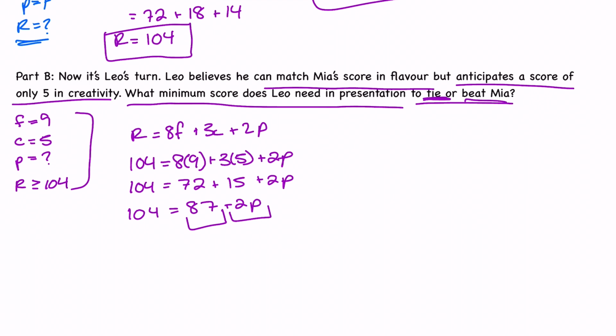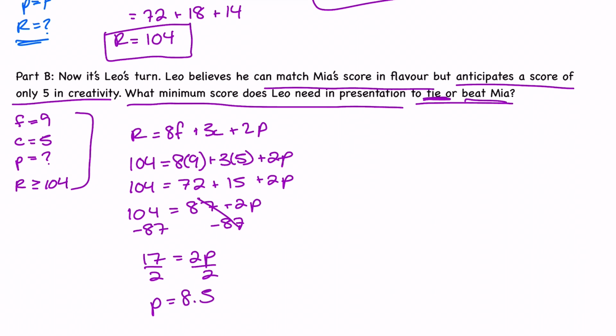To get rid of a positive 87, we need to subtract 87 from both sides. 104 minus 87 gives us 17, and these two would cancel. So 17 equals 2p. And then to get p by itself, we need to divide by 2 on both sides. So p is then equal to 8.5.